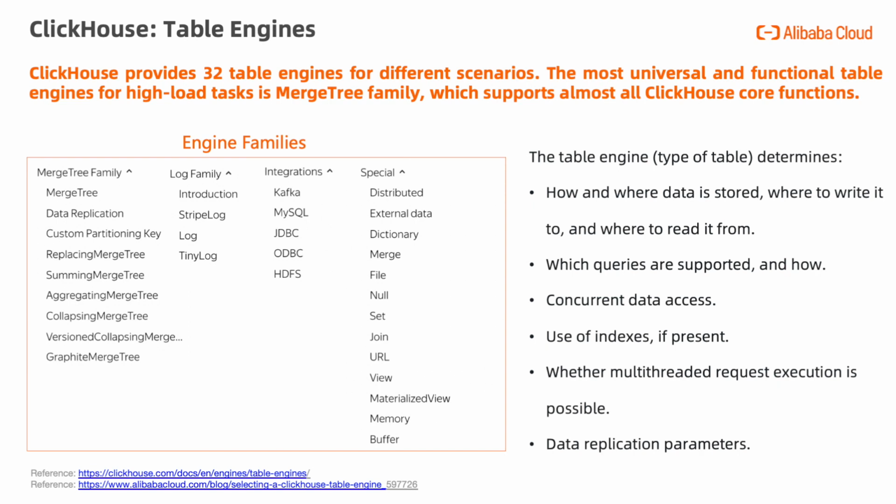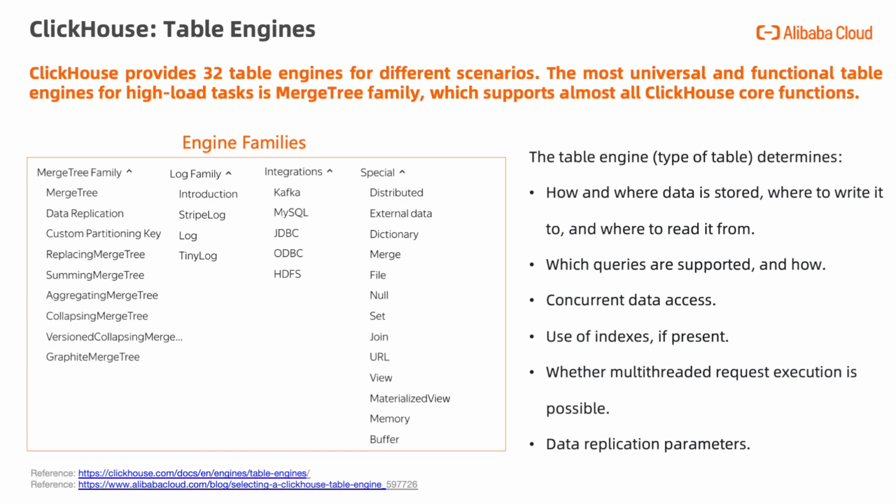ClickHouse provides about 32 table engines for different scenarios, but there are 4 series in total: log family, merge tree family, integration, and special. For example, log family is for small table data analysis, merge tree family is for big volume data analysis, and integration is for external data integration.